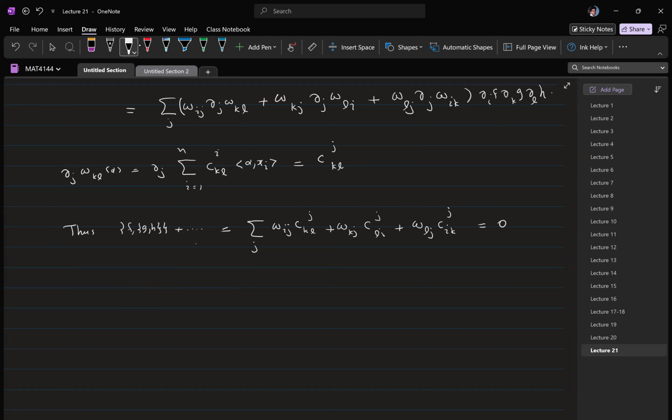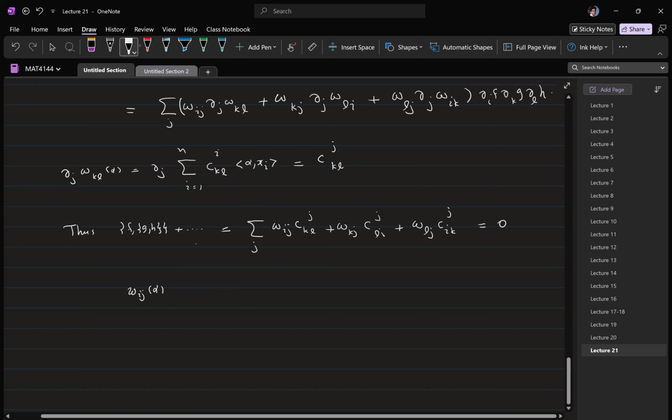If you fix the index J, this is the coefficient of some xj. Maybe we should just write out Wij.